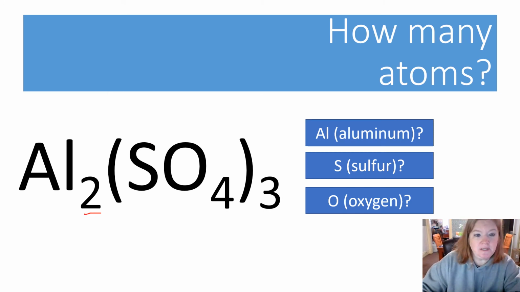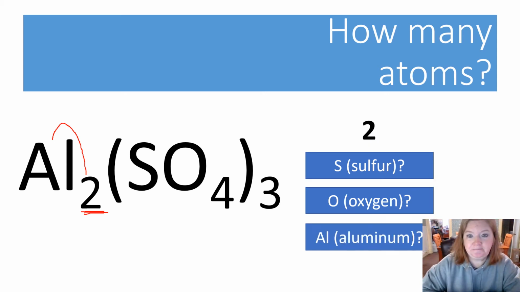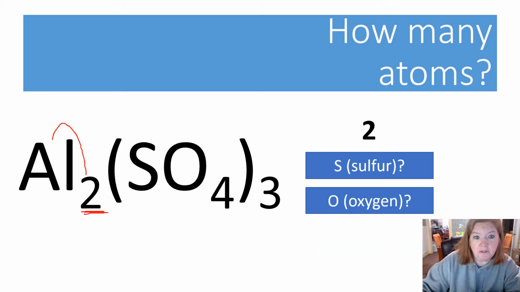All right, so this subscript of 2 applies just to aluminum. So aluminum has 2. No coefficient, so that means 1, so I don't have any extra multiplying. Sulfur, a little tricky. So inside, there's 1. You don't write the subscript though. But this 3 outside, like the distributive property, means I have to multiply whatever's inside by this.